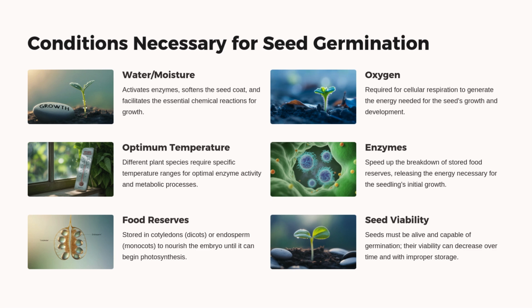Enzymes. Speed up the breakdown of stored food reserves, releasing the energy necessary for the seedling's initial growth. Food reserves. Stored in cotyledons in dicots, or endosperm in monocots, to nourish the embryo until it can begin photosynthesis. Seed viability. Seeds must be alive and capable of germination. Their viability can decrease over time and with improper storage.